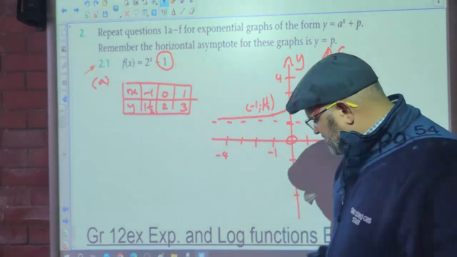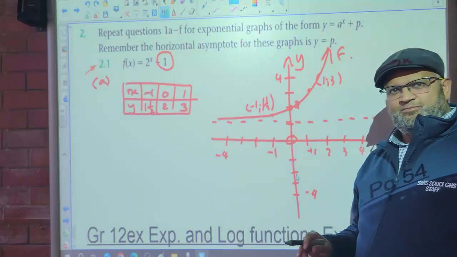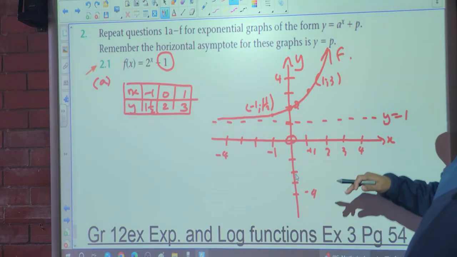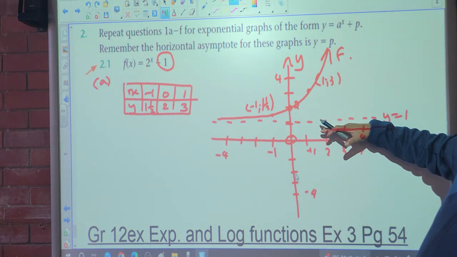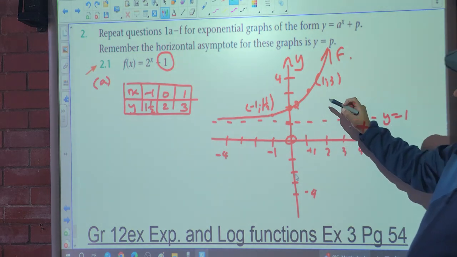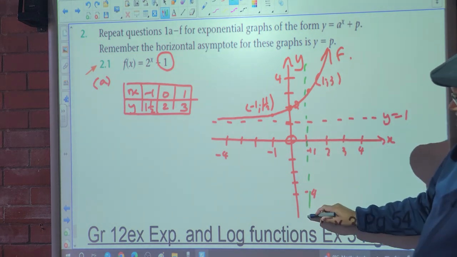So what do we do now? Now we look for the inverse function for b. The horizontal asymptote, which is y is equal to 1, becomes a vertical asymptote at x is equal to 1. That is it.